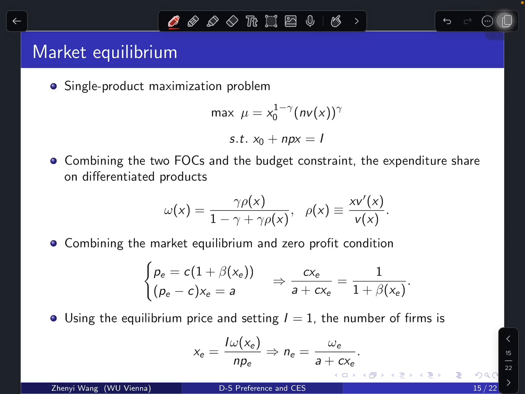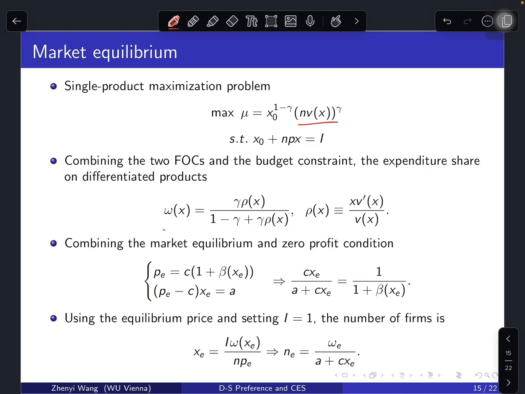So let's have a look at the single product maximization problem. The utility function combines x0 and differentiated products nvx with a budget constraint. Here we use nvx instead of the sum of vxi because we assume there is only one product produced by different firms.